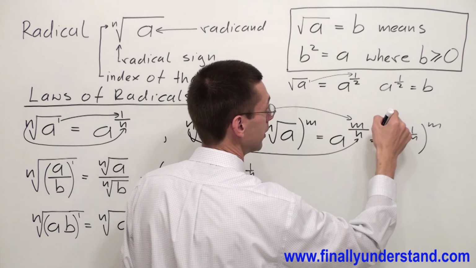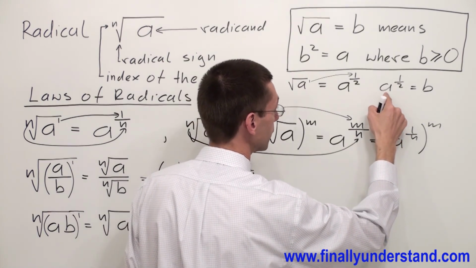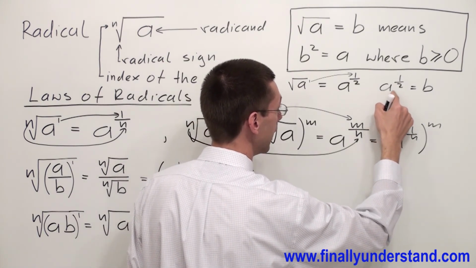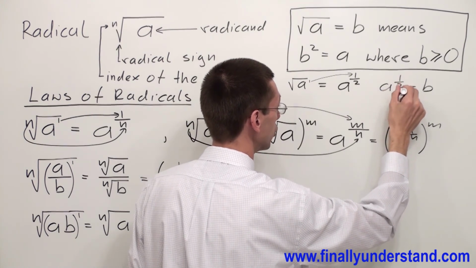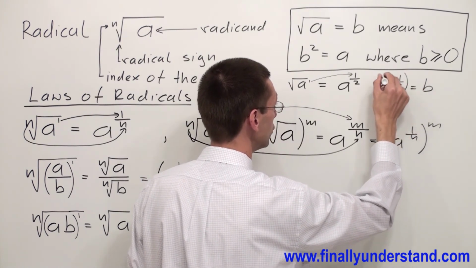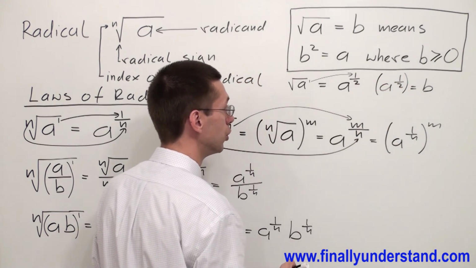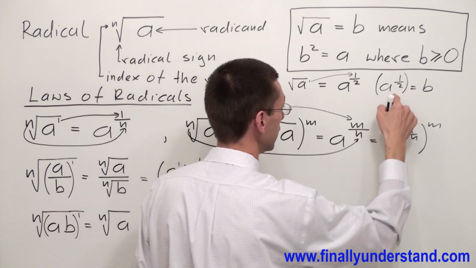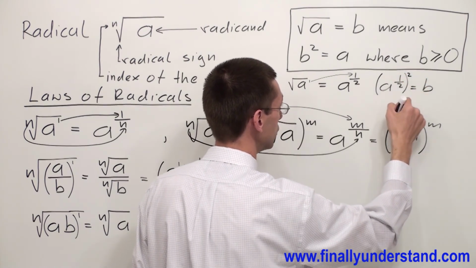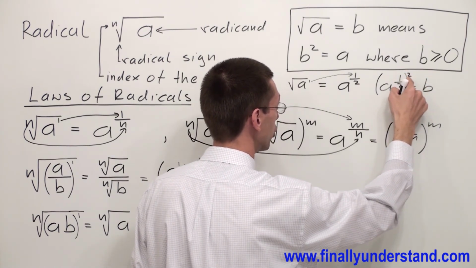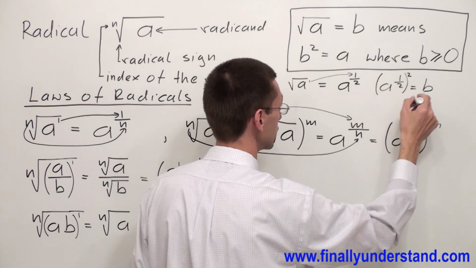Now, I want to find a. In order to find a, I have to eliminate this fraction, this exponent. In order to eliminate that, I have to again apply the rules of exponents. If I want to eliminate this fraction, I have to multiply that fraction by 2 by adding exponent 2 to the whole expression.